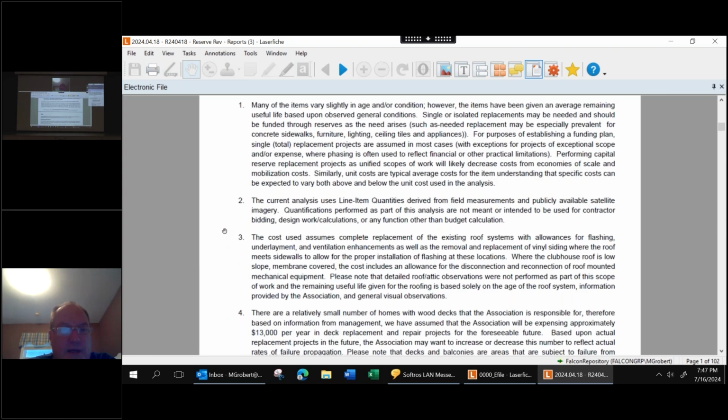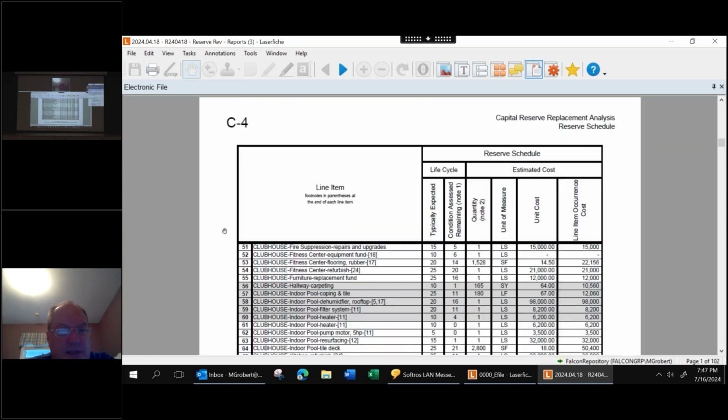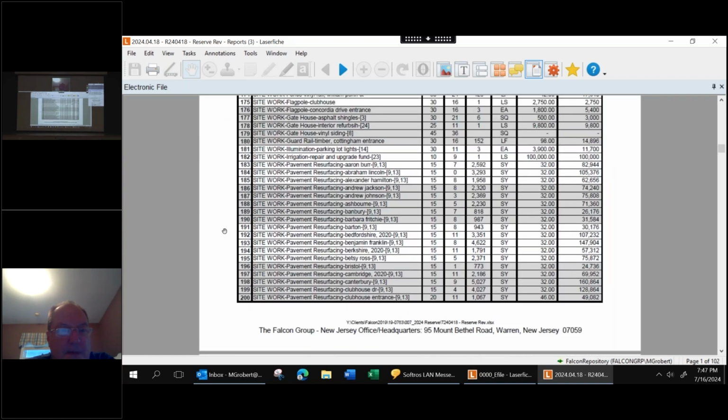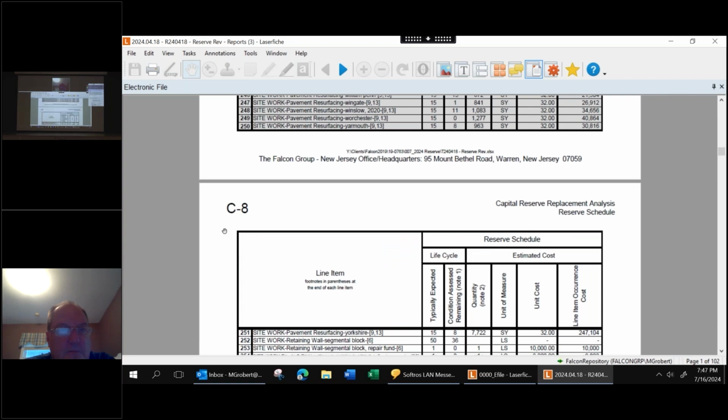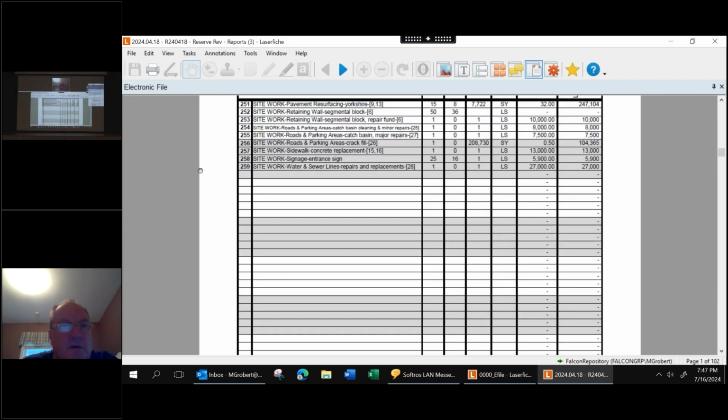And sometimes when we add these things, I do apologize, we forget that we have these things in the exclusions because we don't add these items that often. But we did add, yep, 259. Yeah, we did add sewer line repairs and replacements. So I'll take that out as well.